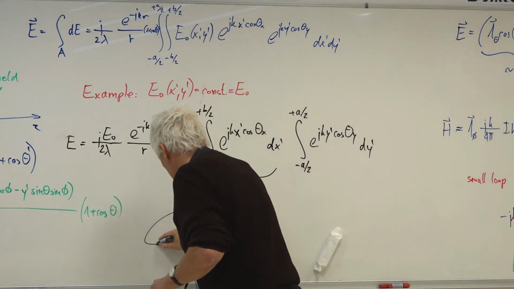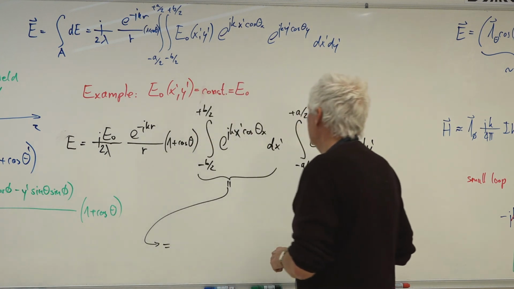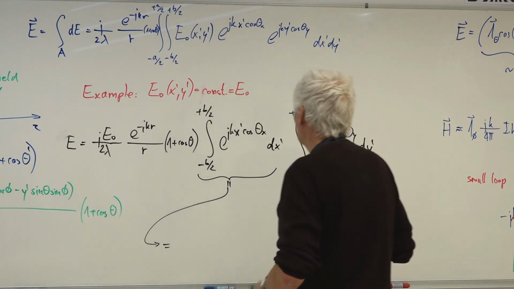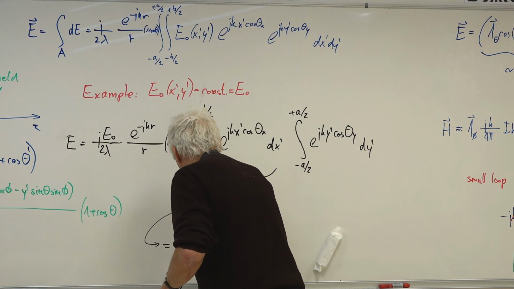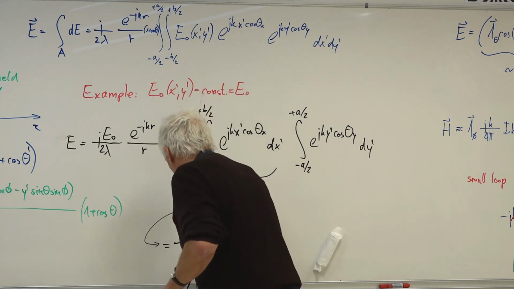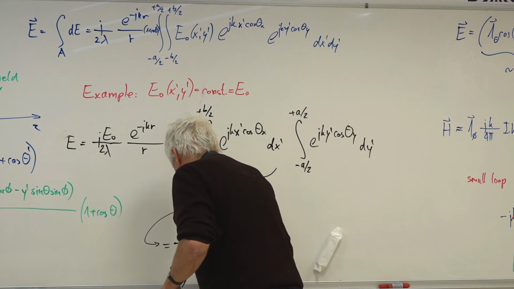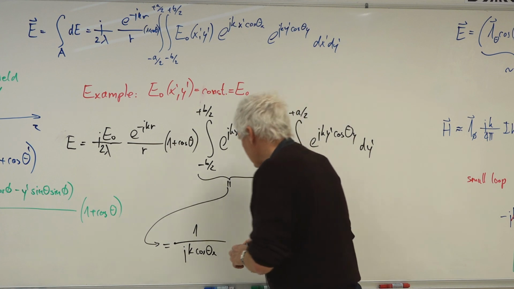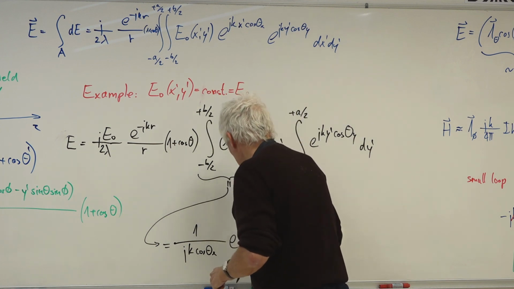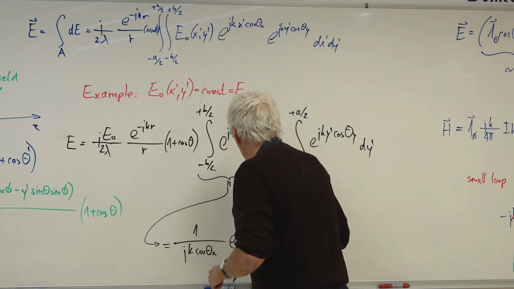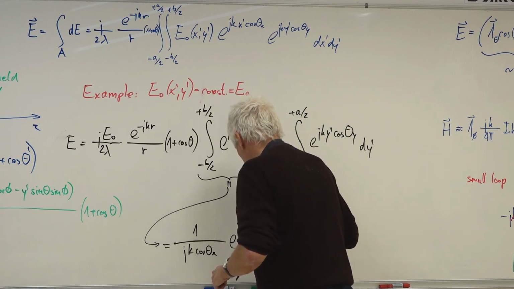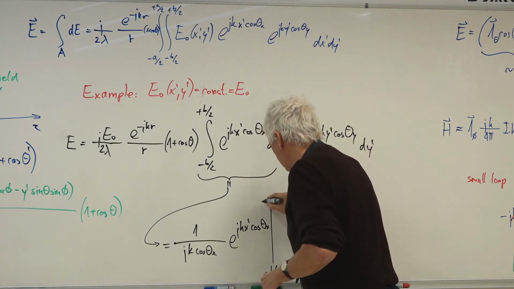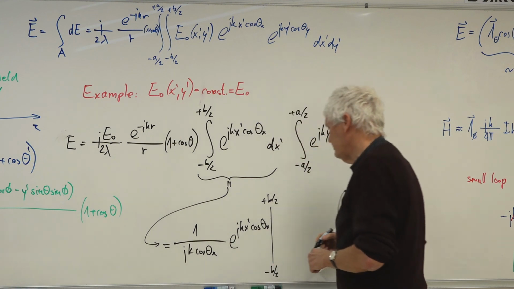I'm going to write here the solution. The integral of an exponent function is 1 over everything else, so j k cosine theta x, and the same function as we had, e to the j k x prime cosine theta x, in the limits from minus b half to plus b half. Okay?